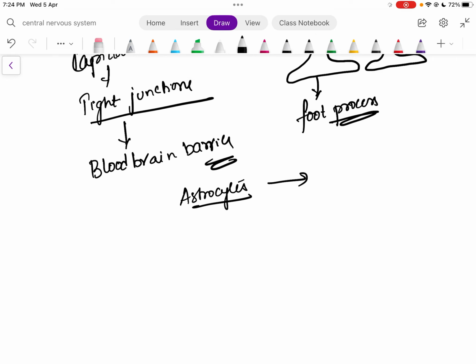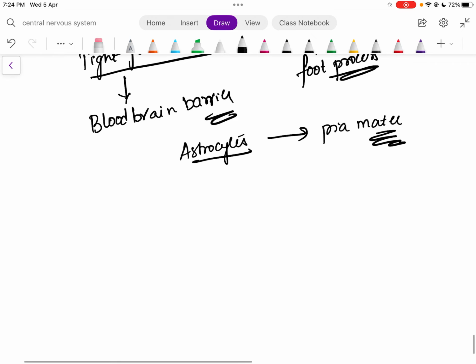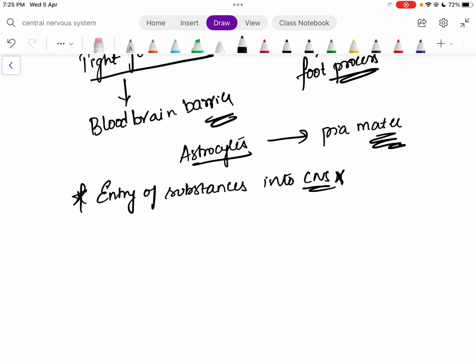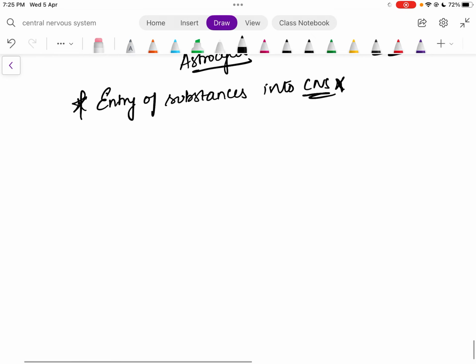They will be like this. These foot processes will also have contact with the pia mater. And through these astrocytes, entry of substances into the CNS will occur.